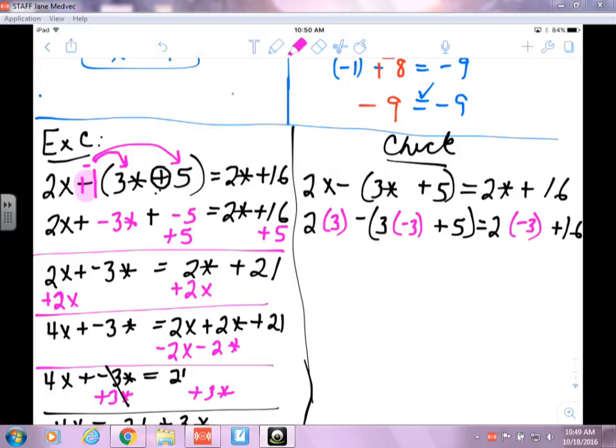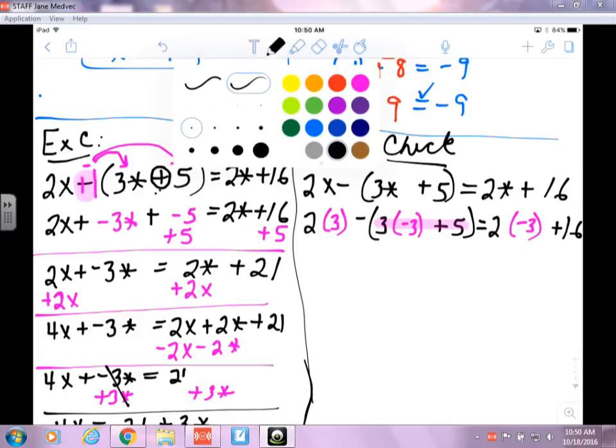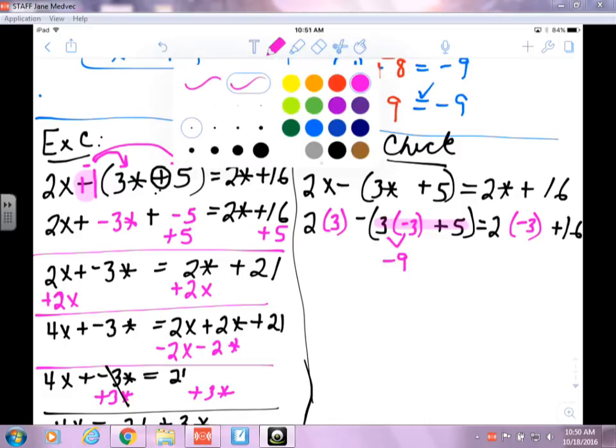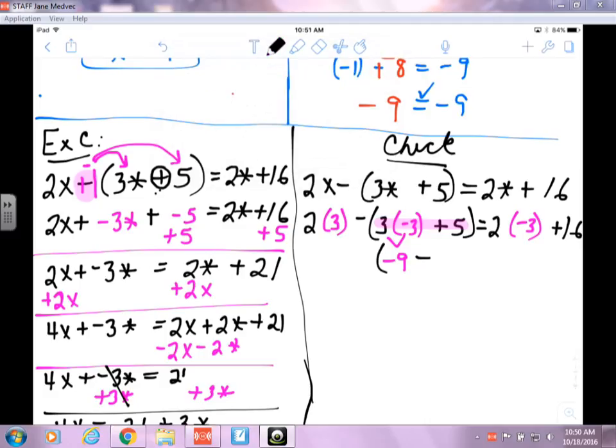So now I am again working inside the parentheses. Okay? So 3 times -3 is -9. Then I'm going to add all that other stuff around it.